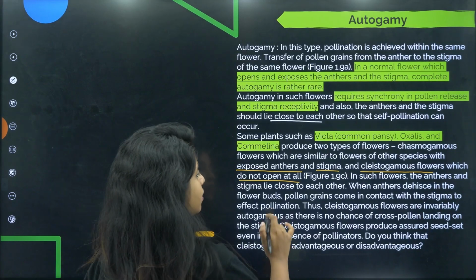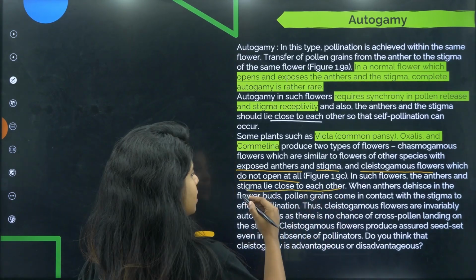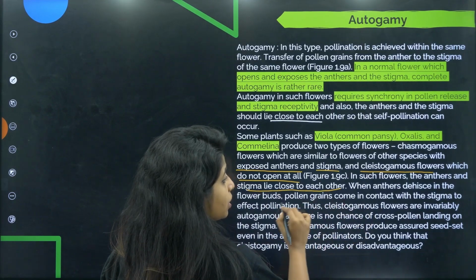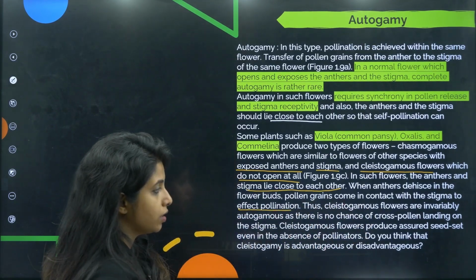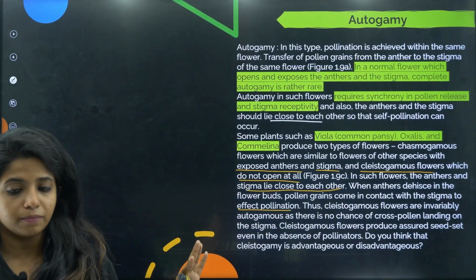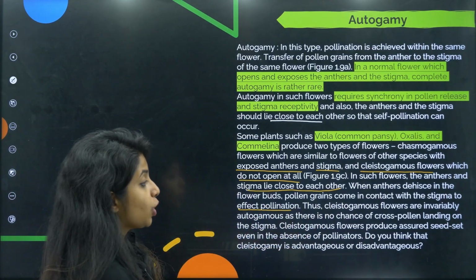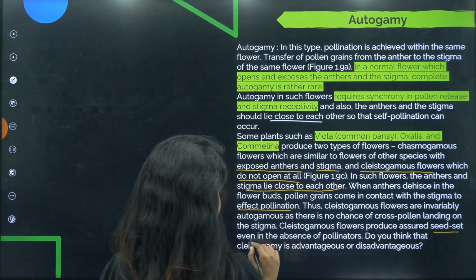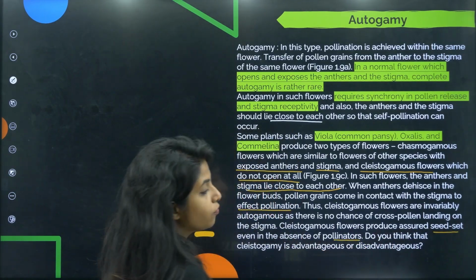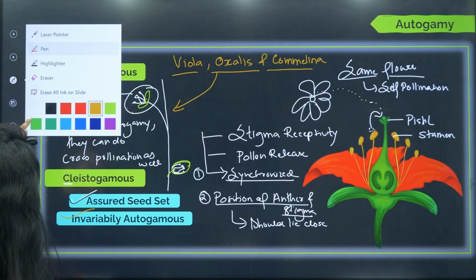In such flowers the anthers and the stigma lie close to each other. When anthers dehisce in the flower buds, pollen grains come in contact with the stigma to effect pollination. Thus, clistogamous flowers are invariably autogamous. They do not have an option, as there is no chance of cross pollen landing on the stigma. Clistogamous flowers produce assured seed set even in the absence of pollinators. So, yes, next thing that we have over here, do they need pollinators?